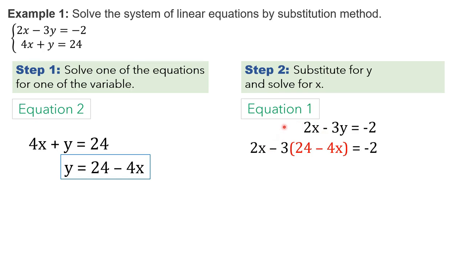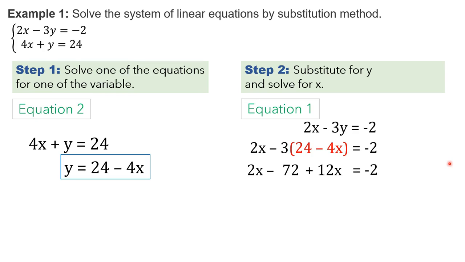Okay, negative 3 times 24 and negative 3 times negative 4x. So 2x just bring down. Then solve for 3 times 24, we will have negative 72. Then negative 3 times negative 4 will give us positive 12. Since they are both negative, it will become positive.